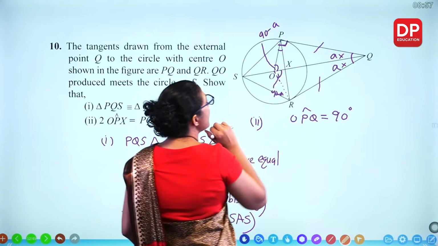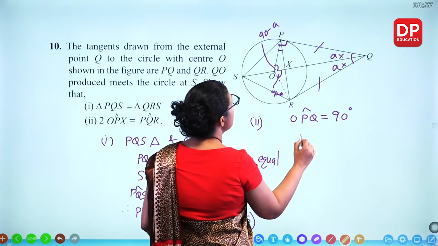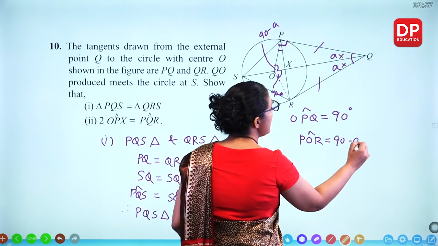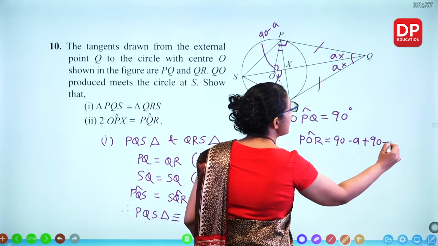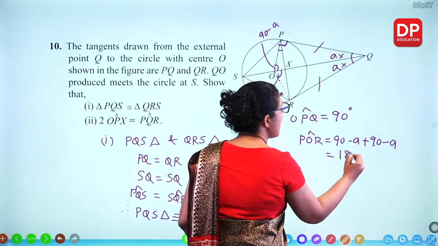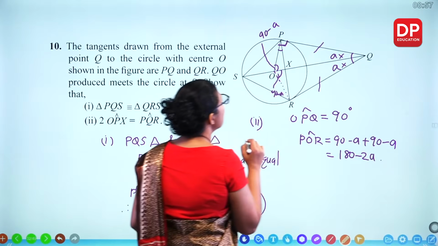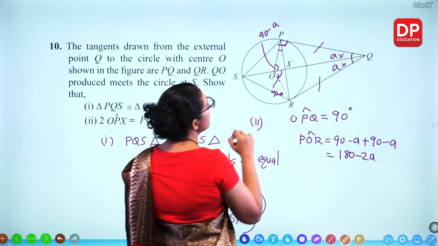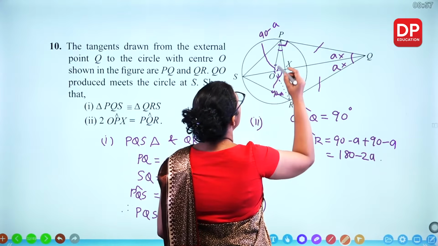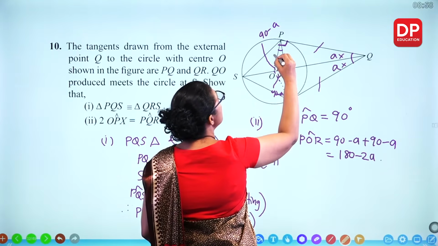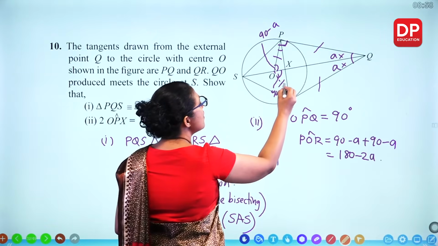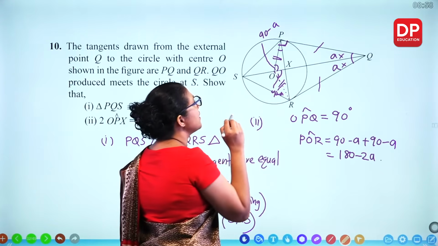So what's the whole angle? 90 minus A. So angle POR is 90 minus A plus 90 minus A. You get 180 minus 2A. Then what is this angle? OP and OR both are equal because of radii.